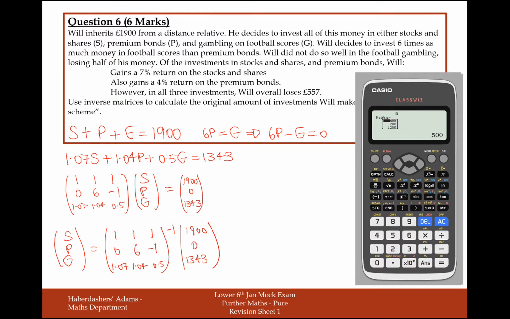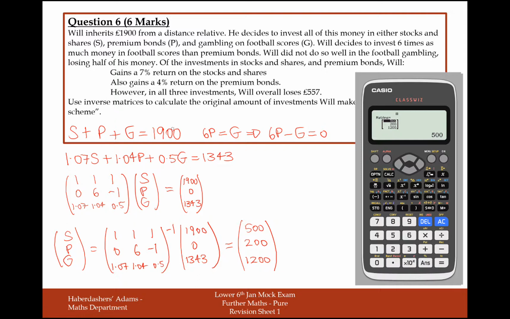Press enter on the display and you get 500, 200 and 1200. So let's just write that down. 500, 200 and 1200.